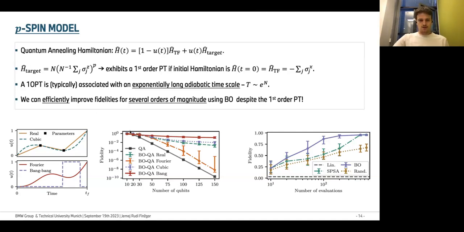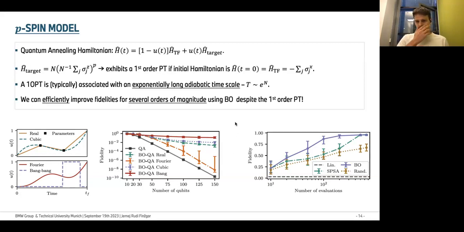And first of all, if you look at the naive linear path, which would basically just correspond to a straight line from 0 to 1, going from 0 to time final, you get this really bad exponential decay in the target fidelity. However, using different parametrizations of the schedules, you get varying improvements as you optimize the schedules using Bayesian optimization.